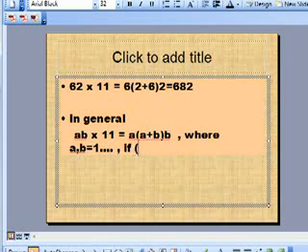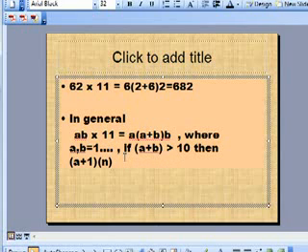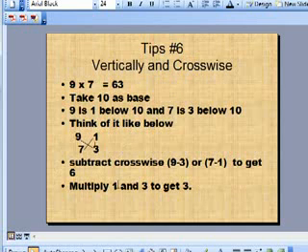If a plus b is greater than 10, then the result will be a plus 1, then a plus b itself, say n, and then b. So just add that.